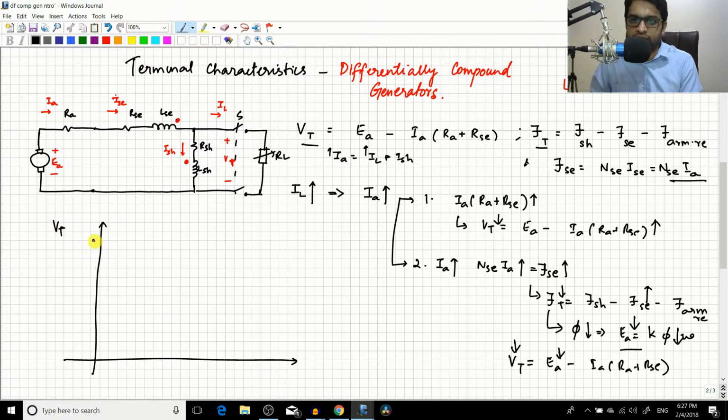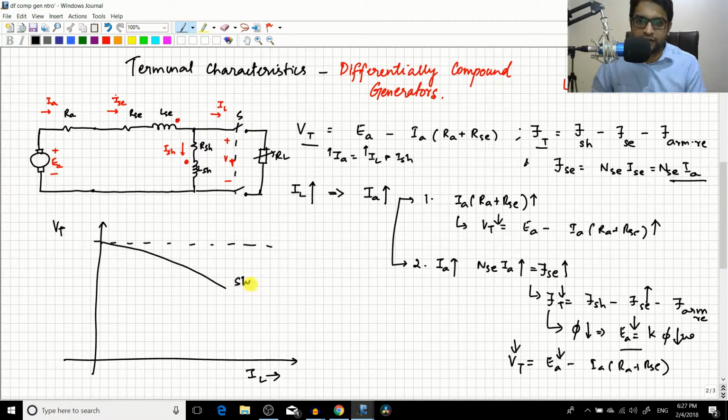So if this is Vt, the Vt at no load condition, and let this be your IL. This is the terminal characteristic of a shunt generator, which had only the Ia Ra drop and the armature reaction opposing it.